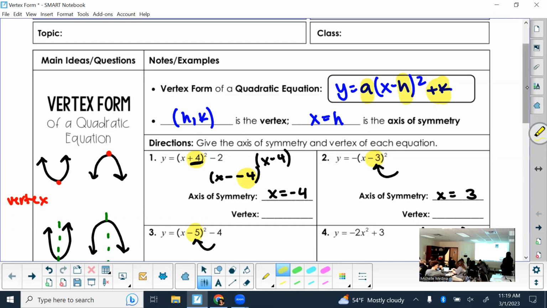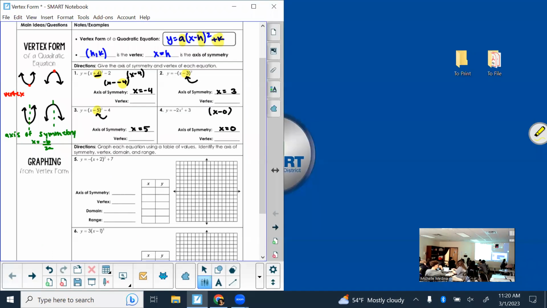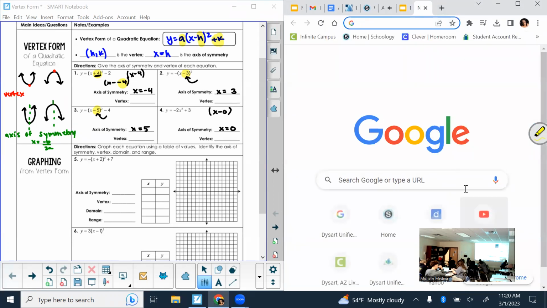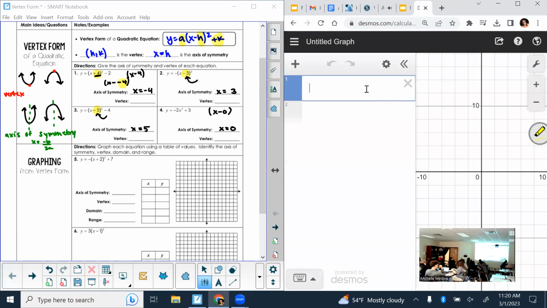All right, so let me show you just one more thing. So you can also graph these in Desmos as well to kind of verify. Okay, so I'll type the first one in.